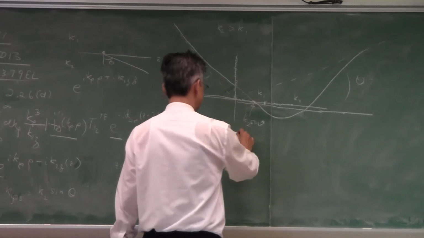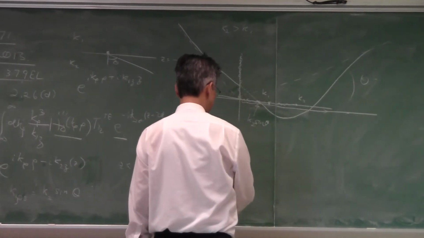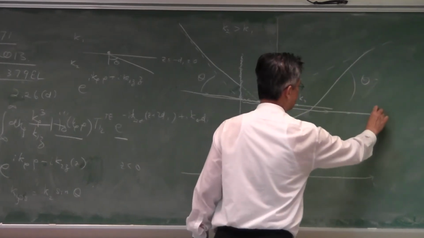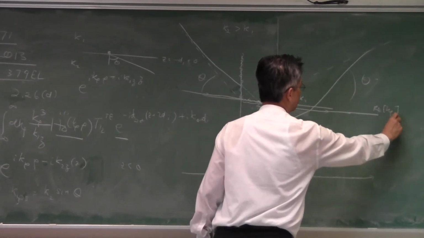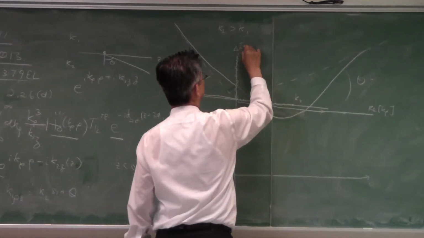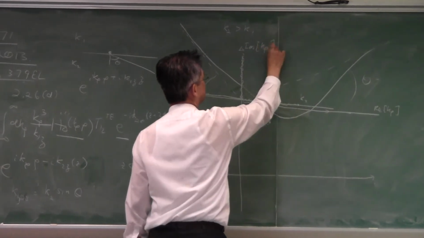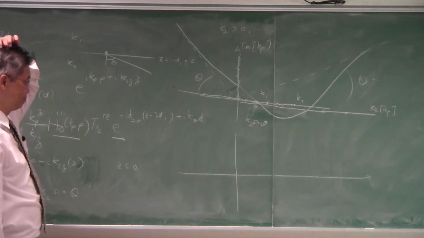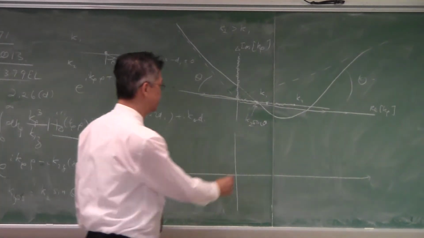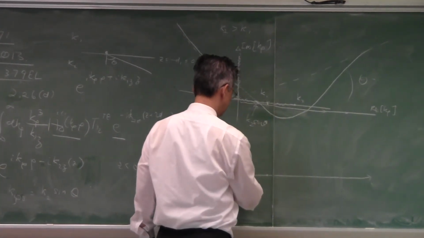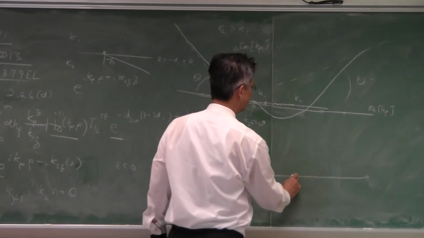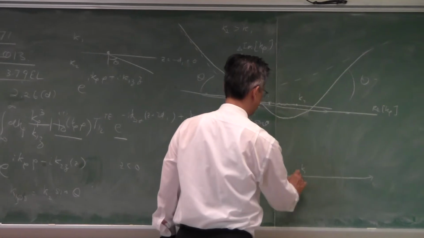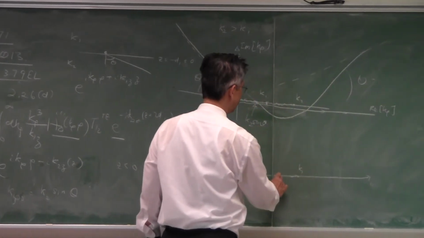The second case is slightly more complicated. If this is real k_rho, this is imaginary k_rho. The second integration path is possible if, say, k_2 is over here, k_1 is over here, and the saddle point is here.